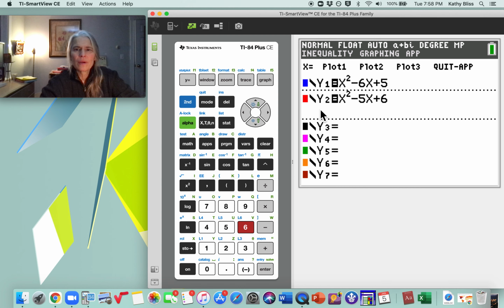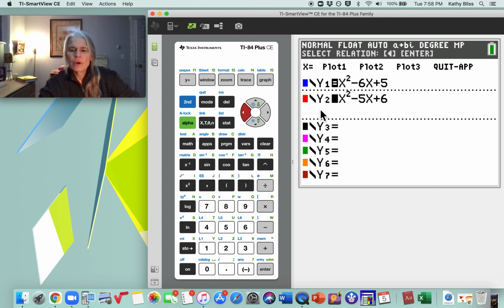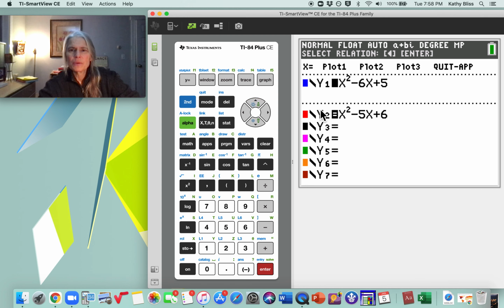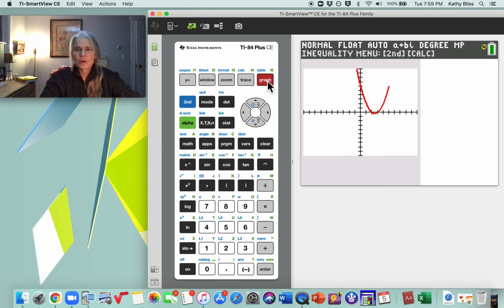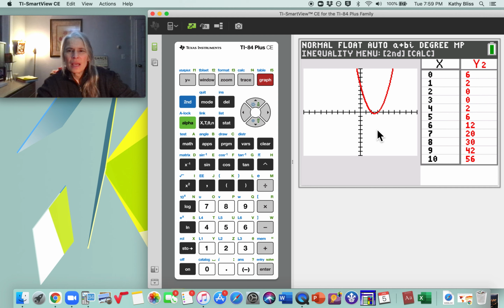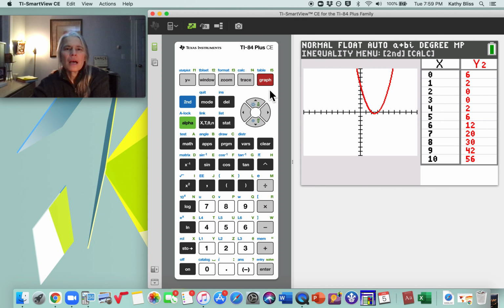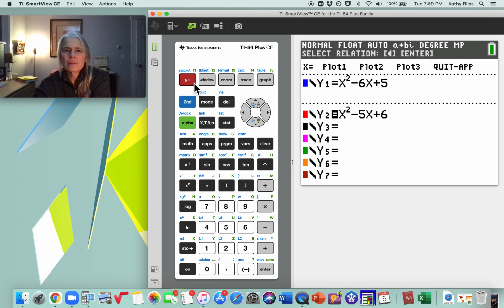Let's see what that graph looks like. I don't want to look at this other graph, so we go up to the equal sign and hit the return key. Notice that the equal sign is not highlighted now, so that won't graph. If I graph this one, it looks like the intercepts are at 2 and 3.